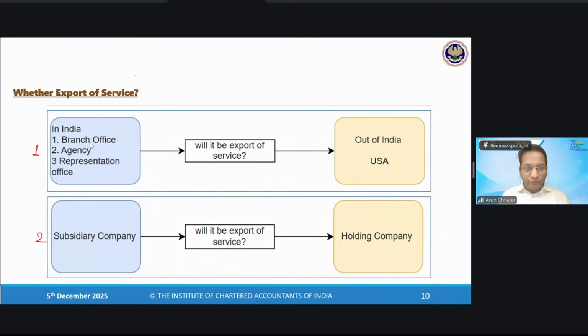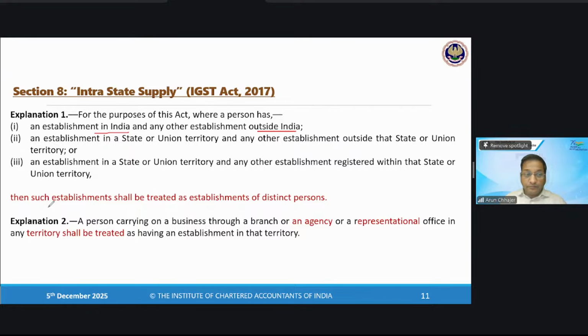It says that an establishment in India and any other establishment outside India, these establishments shall be treated as establishments of a distinct person.